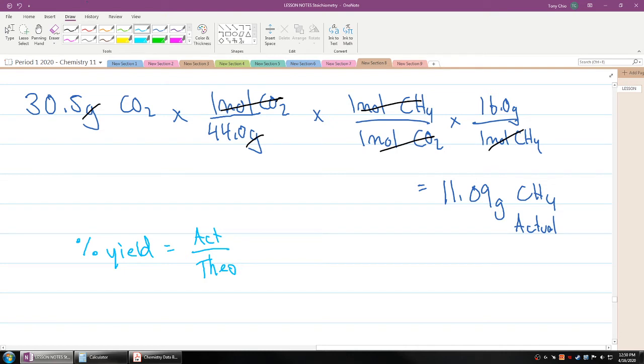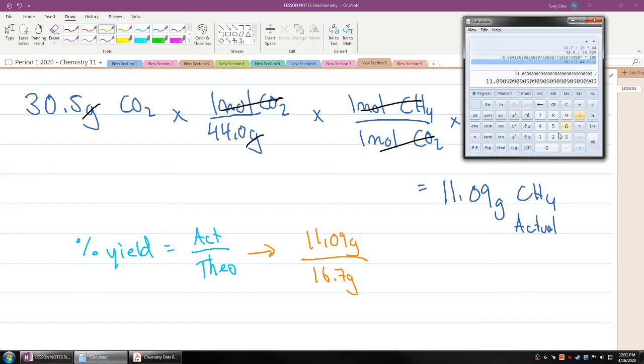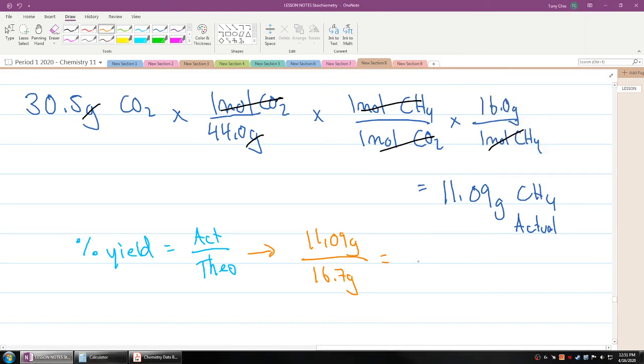This time, this is my actual, so I'm going to put 11.09 grams divided by 16.7 grams. If I punch this in my calculator, I should get 66. If I multiply by 100, you should see that I still get the same percentage. It's 66.4%.